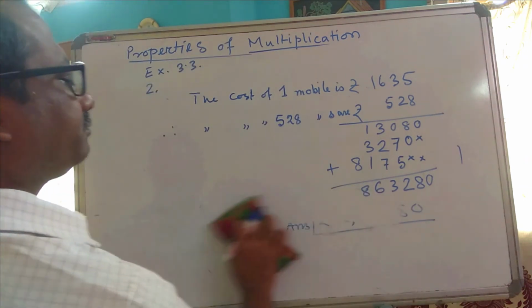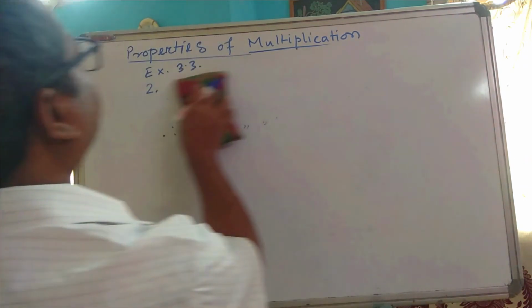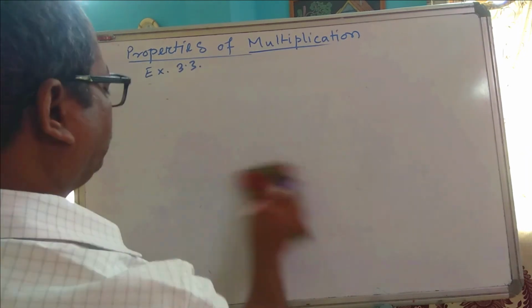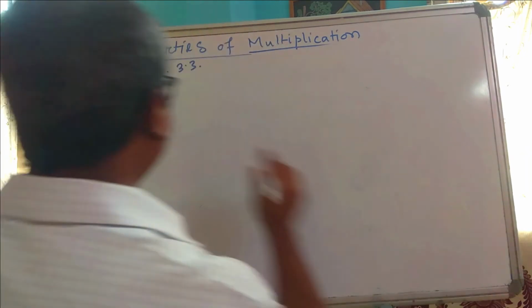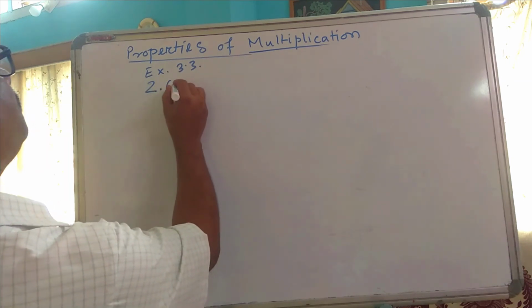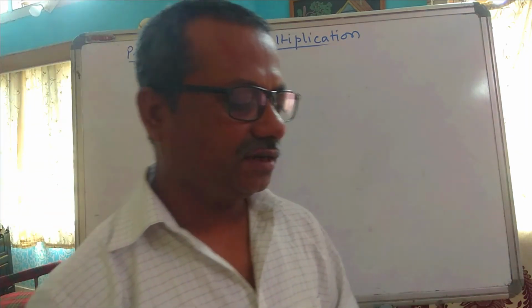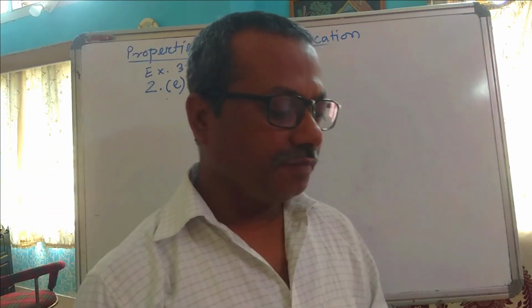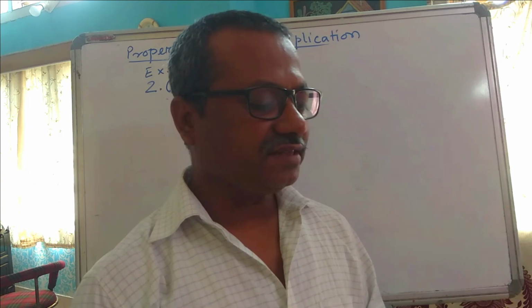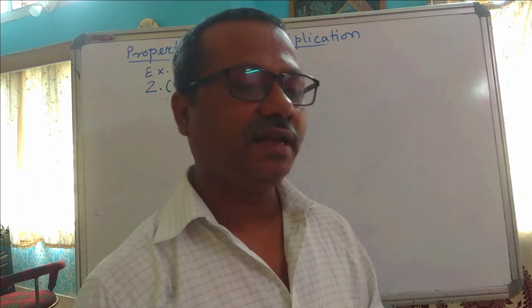Now, question number 2, sub-question E. What is given in the question? Read it thoroughly. A cloth mill produces 3,786 meter cloth in a day.